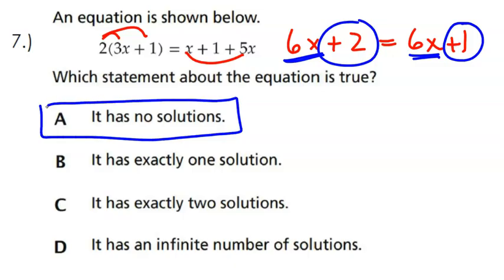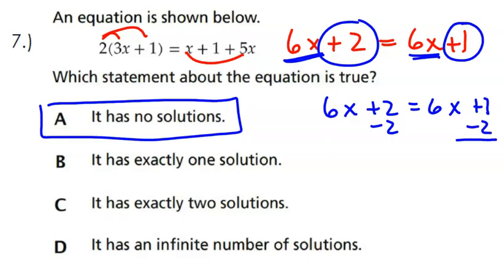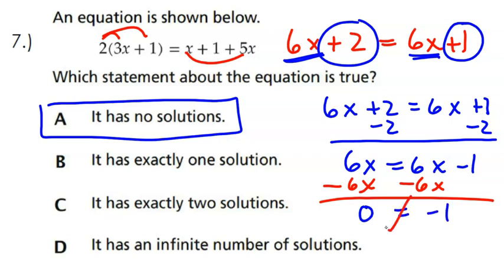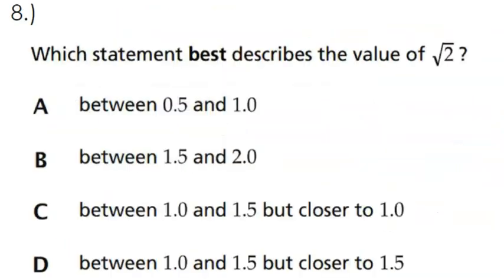And if you weren't sure, you could simply begin to solve this problem by subtracting 2 from both sides, subtracting 6x from both sides, and seeing that this statement is false. Impossible.